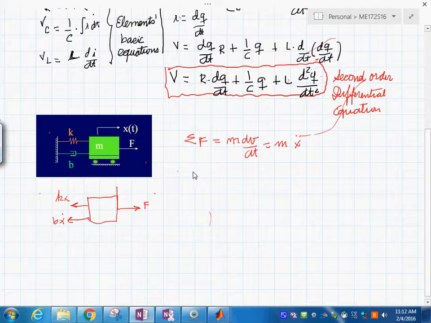So if you write that, you say F is equal to, no, F minus k times x and minus b times x dot equals to m x double dot.